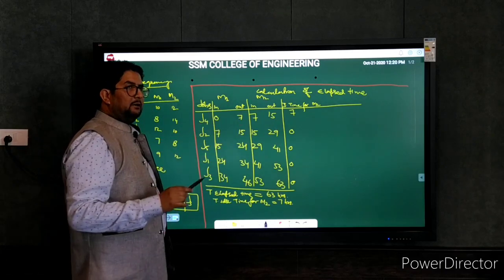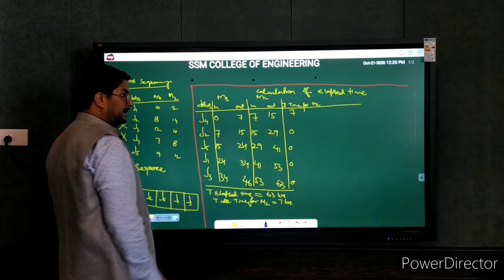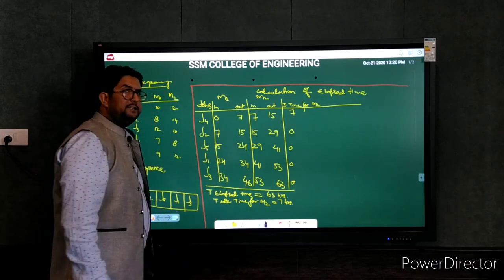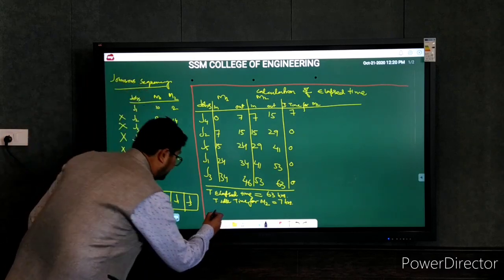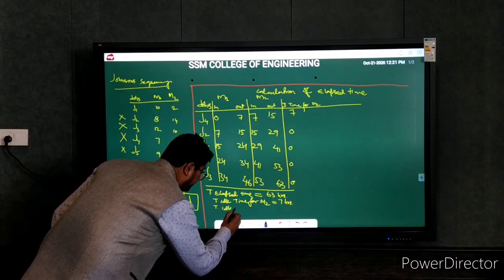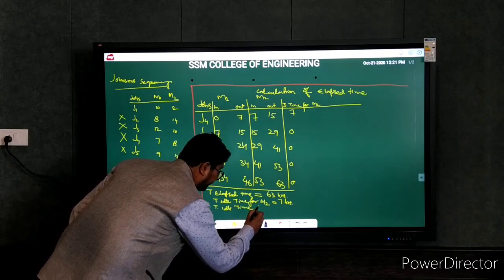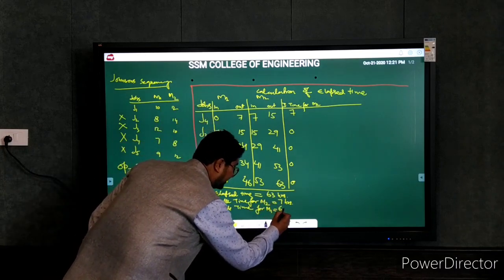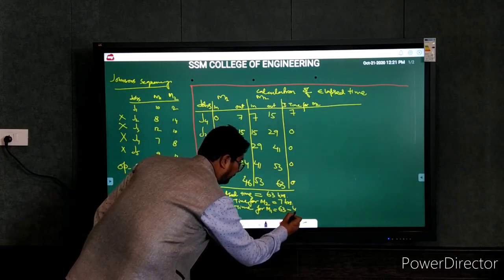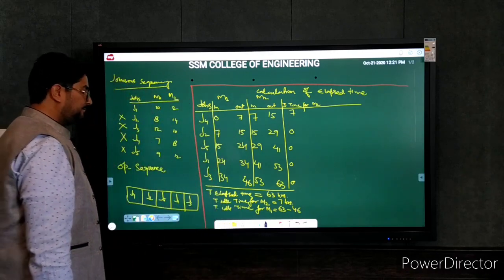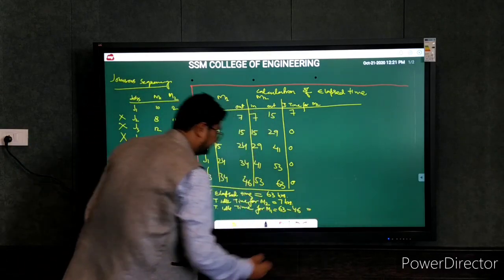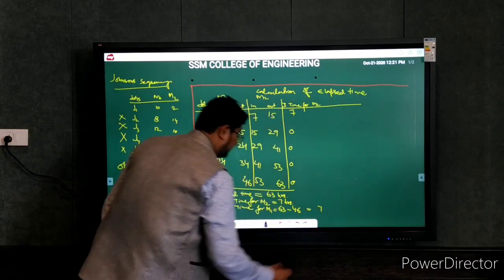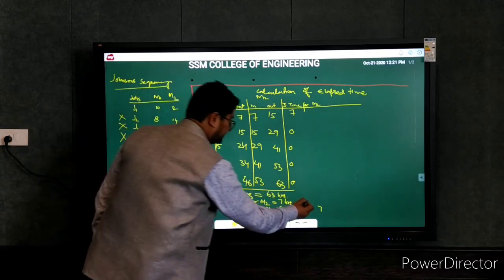Total time taken to complete the system is 63, but machine 1 was idle from 46 onwards. So total idle time for machine 1 is equal to 63 minus 46, that would be 17 hours.